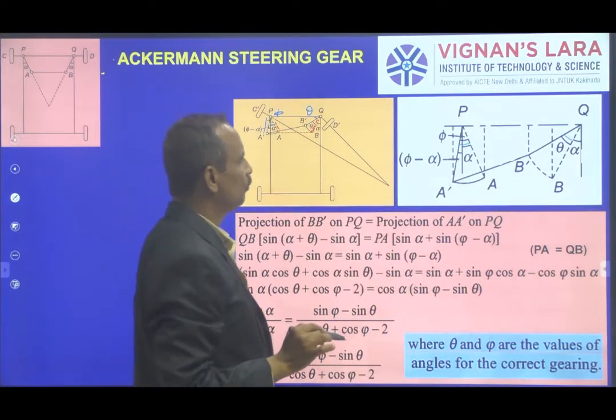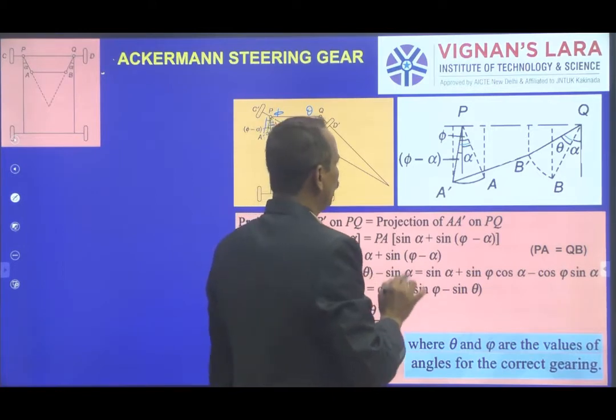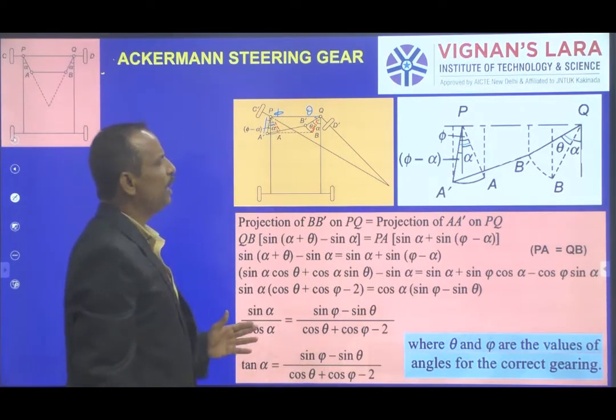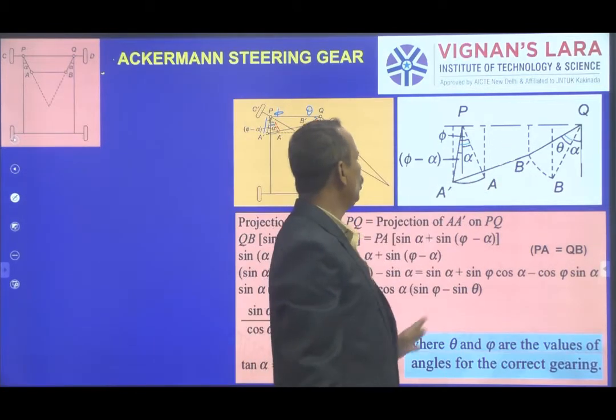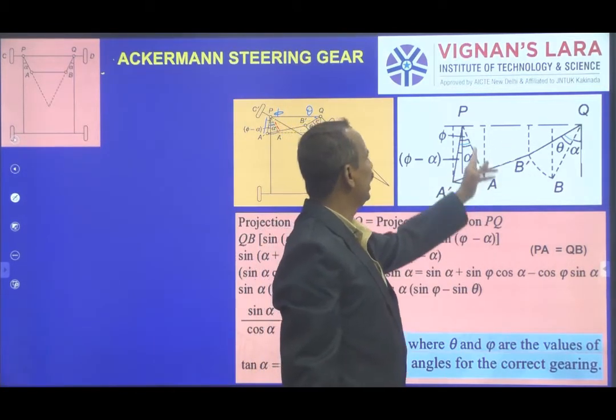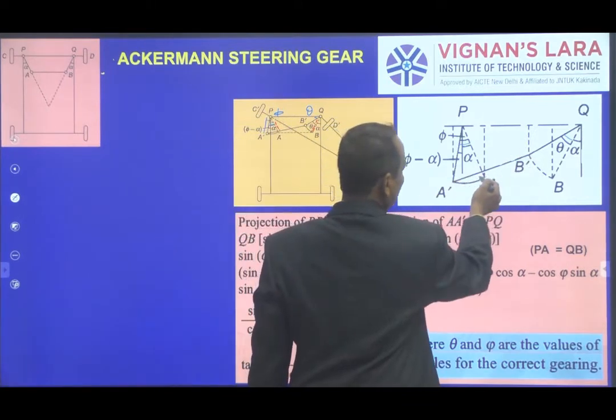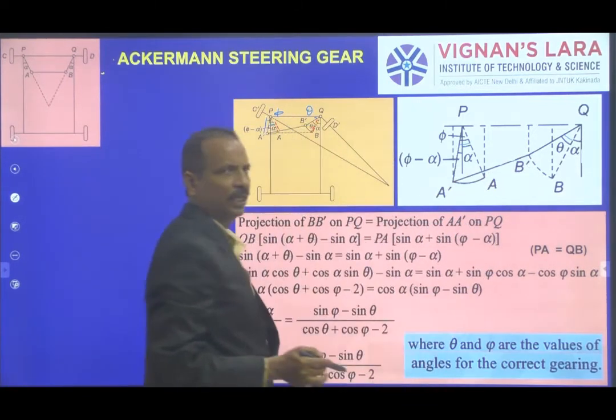Now let us take the projection of BB dash on PQ and the projection of AA dash on PQ. Whatever movement happens, the same is taken care of by this.